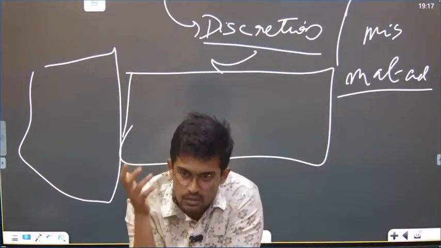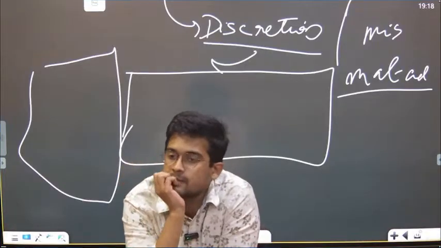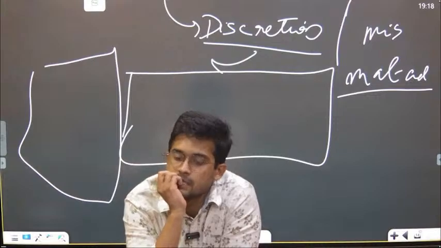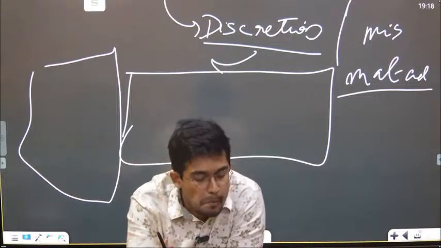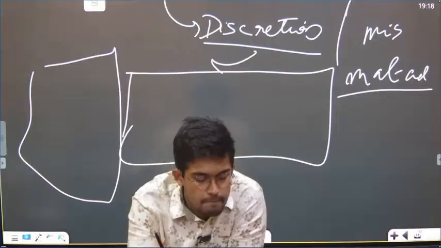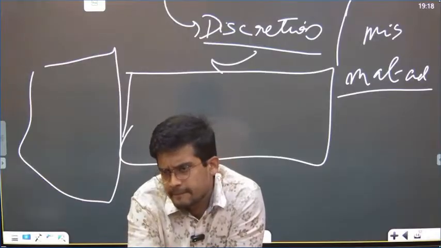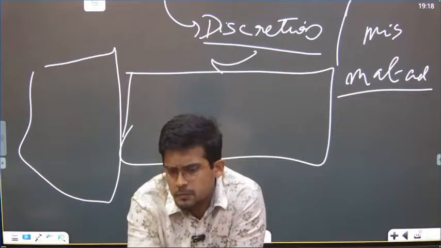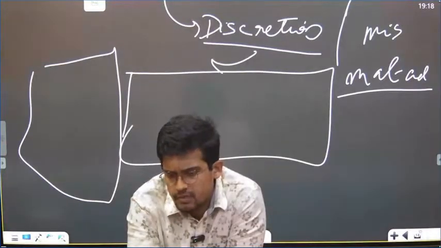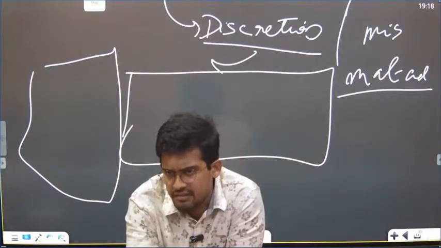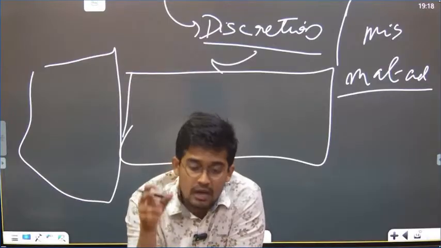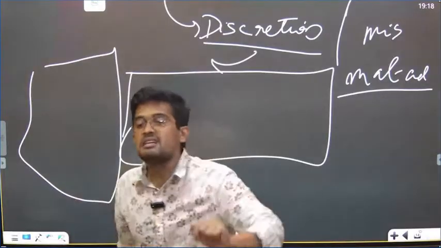Give me some keywords. What all have you written? Efficient and effective administration, timely delivery of services, quality of services. These are the outcomes of a steering state. But what is exactly a steering state? You have to define first.